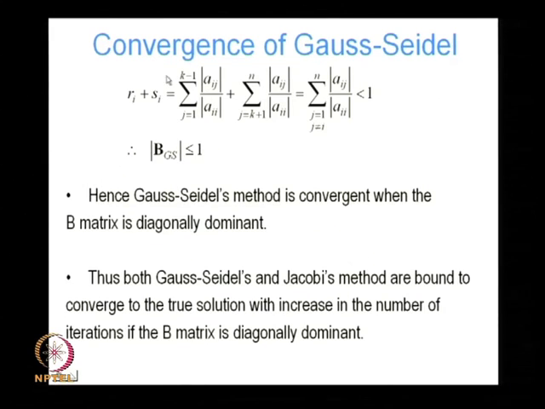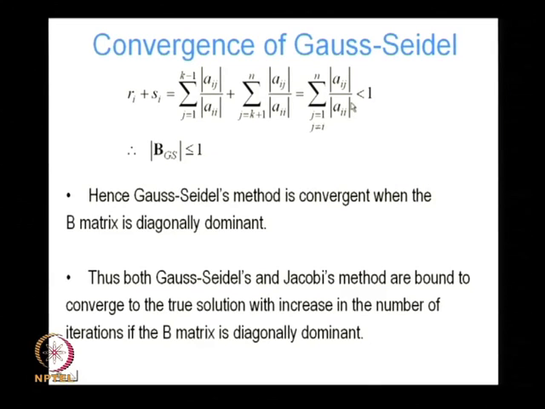So, if we write Ri plus Si, just replacing k with i, that is this plus this, where one sum is over j equal to 1 to k minus 1, and the other is over k plus 1 to n. So, the sum is actually over j equal to 1 to n, when j is not equal to i, right. So, this is equal to the sum of mod of Aij by mod of Aii, which is always less than 1 if the matrix is diagonally dominant, right. That is the definition of diagonal dominance.